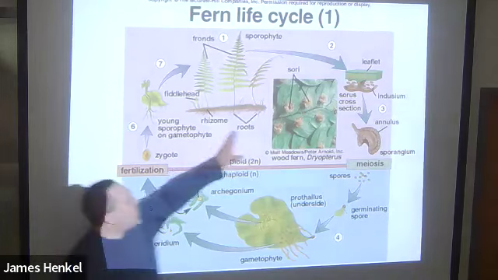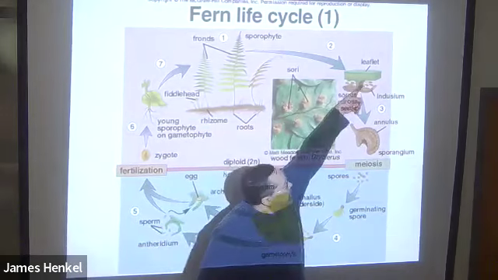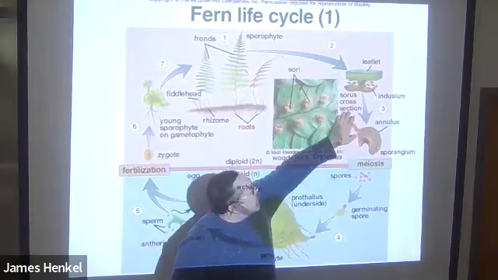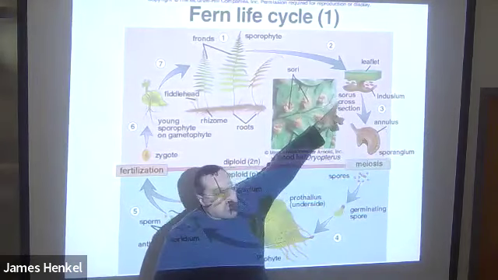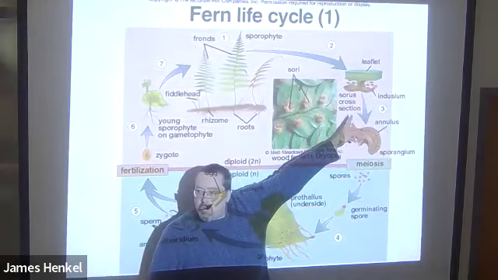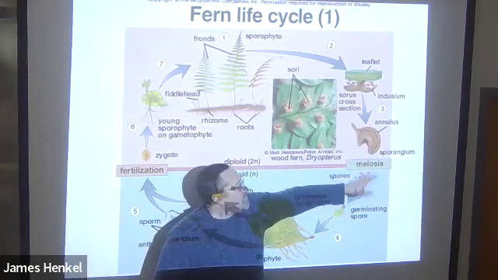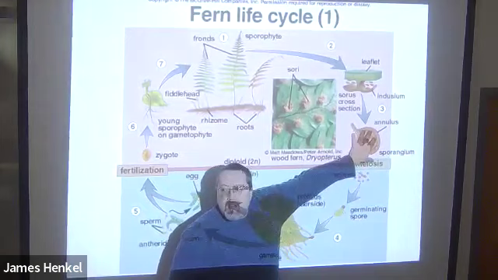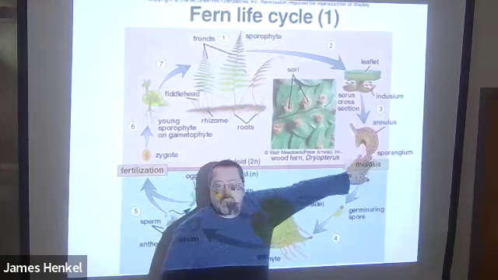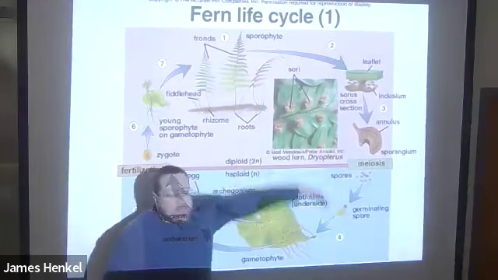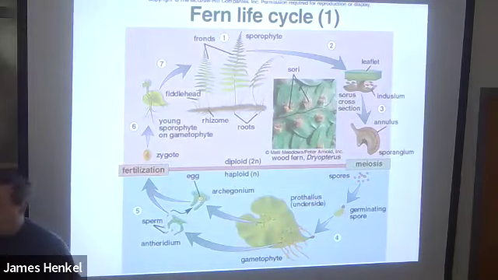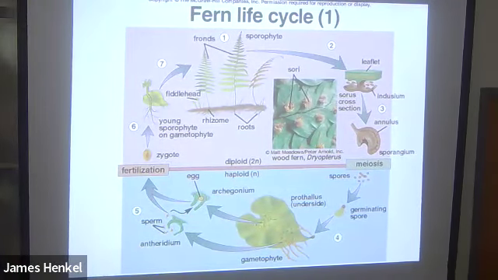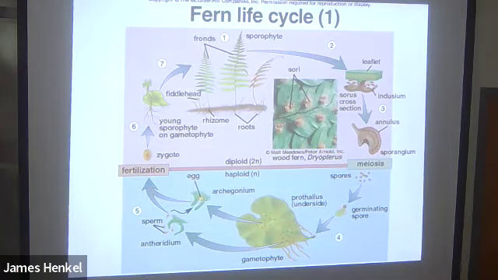So we have the sori and then the sporangium in there. Don't worry about the indusium, the annulus, or that sorus is the singular of sori. Just know that the sori contain thousands and millions of these sporangium. All these sporangium are doing is causing all the cells inside to undergo meiosis.